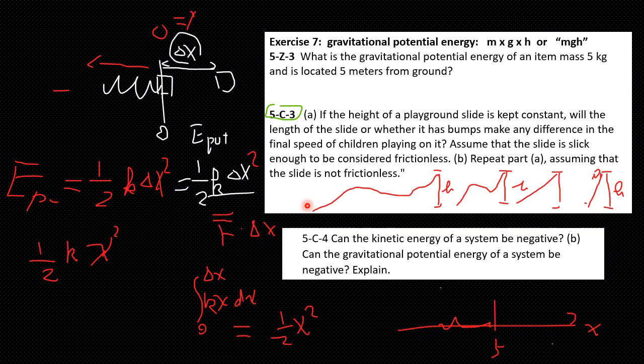Also, we talk about our next topic, spring potential energy, and we have a link on the next page to simulate the spring. A spring is also a conservative force system, which means you can define the potential energy, because a spring follows Hooke's law.